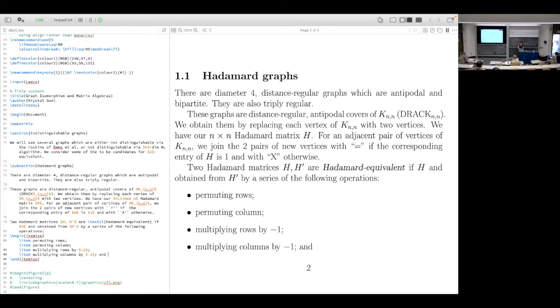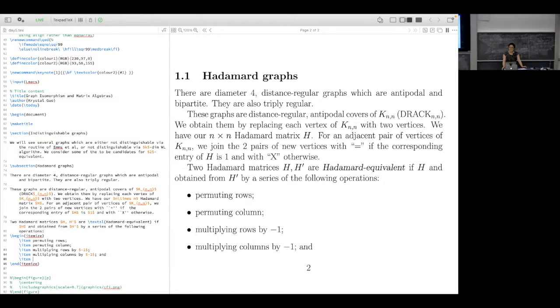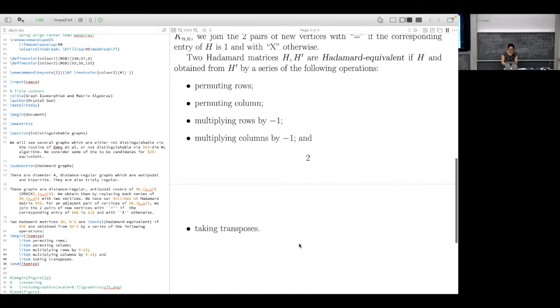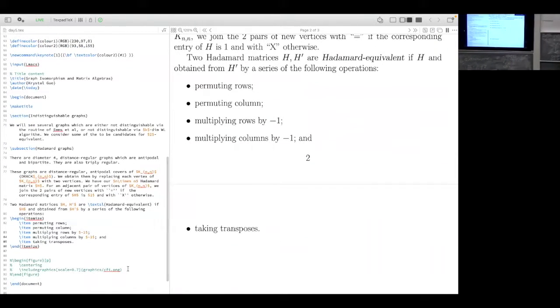And there's one more way in which two Hadamard matrices ought to be considered equivalent. Yes, Bill, taking transposes. Brendan McKay's paper, where he proves the next lemma, actually missed this, but it's okay.